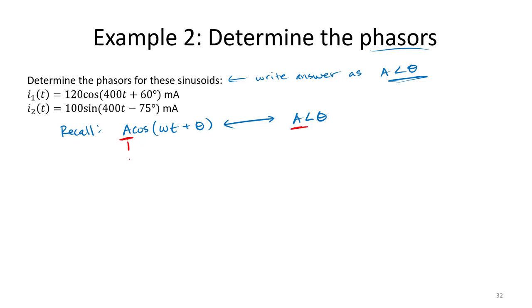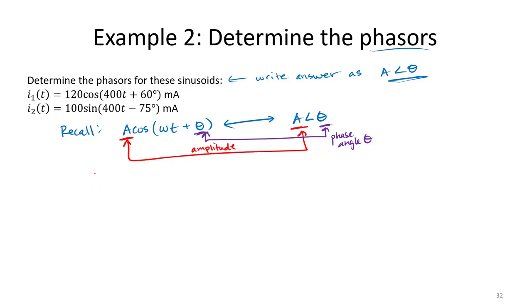So notice the amplitude A remains the same, and our phase angle theta also remains the same. So basically, just by looking at our sinusoidal function, we can directly convert that cosine into a phasor.